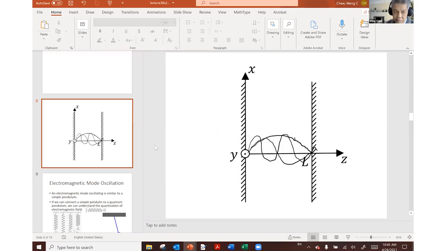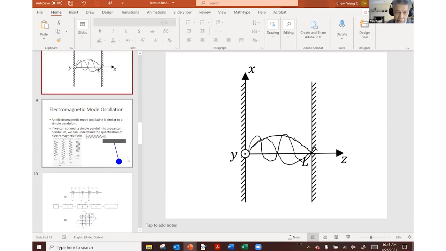Each of the modes will have a resonant frequency, but if you were to observe that mode, it is actually going back and forth and up and down, just like a mechanical pendulum. So instead of studying the quantum theory of light directly, we study the quantum theory of a pendulum to begin with.